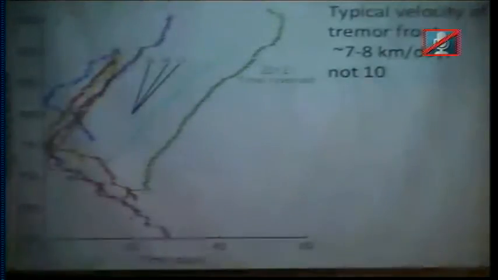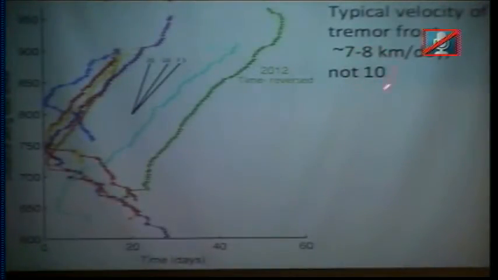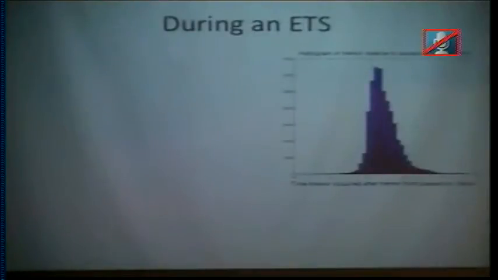So one of my little pet peeves is the average velocity tends to be a little less than 10 kilometers a day. Also, the south-going arm, which some of them have, is slower still than the north-going arms. Okay, so that's sort of a comparison.